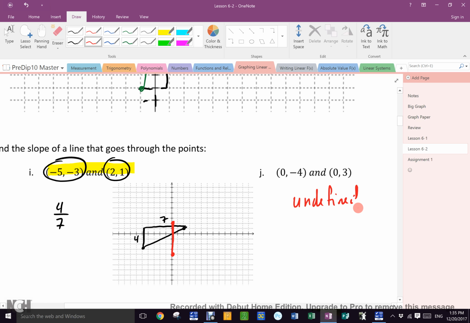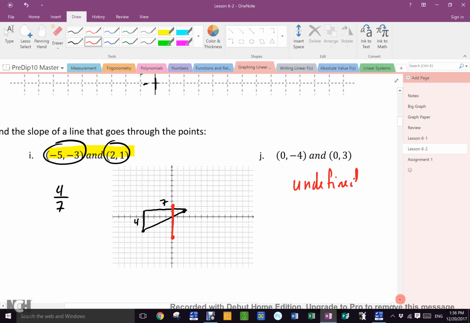Answer me this question. If the line is on a graph, what is the easiest way to find the slope? Count, right? If the line is on the graph, all you have to do is count. Rise over run. Everybody got it? All right.